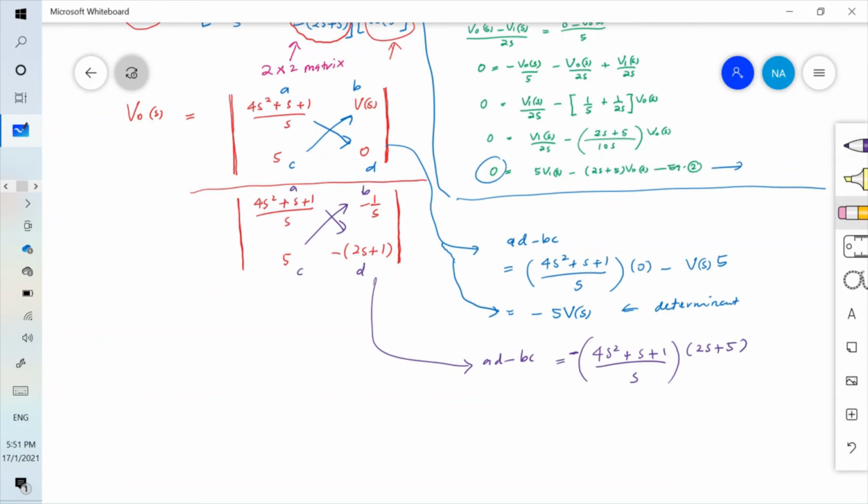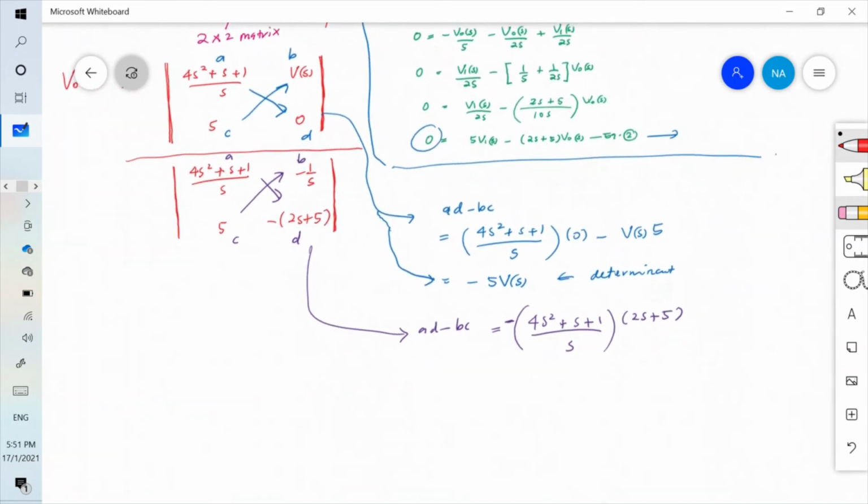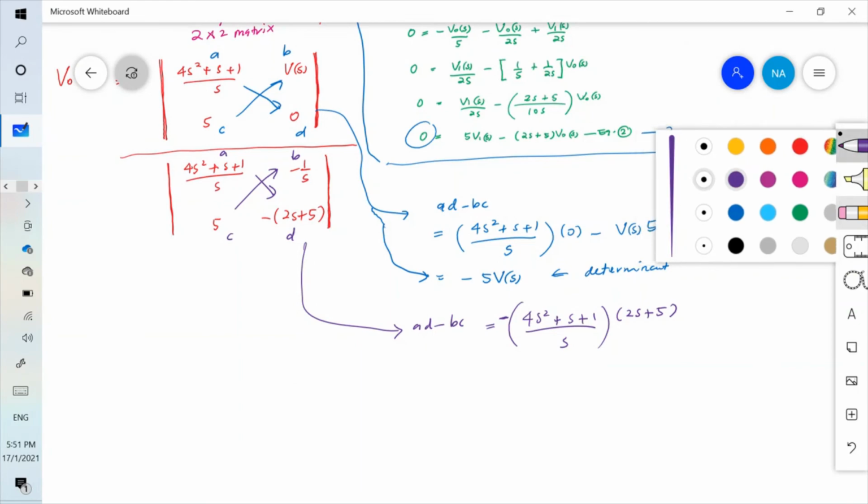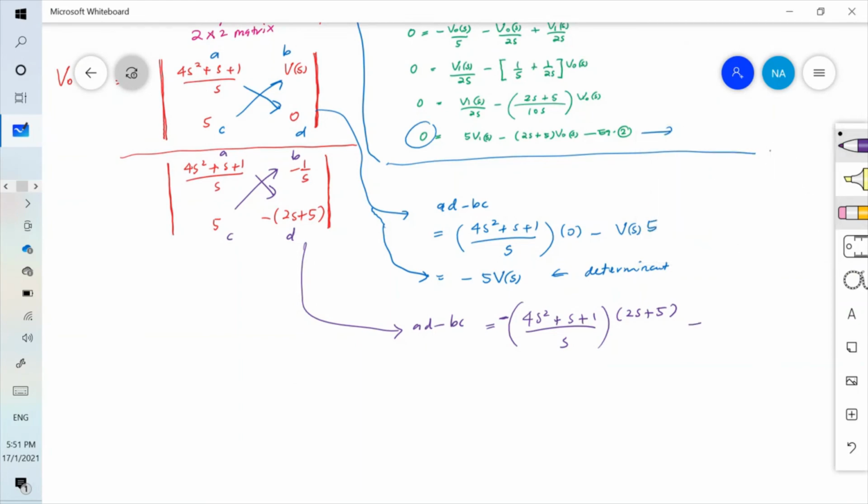Don't forget the negative sign so that you don't get the wrong answer. Then minus 5 multiplied by negative 1 over s.